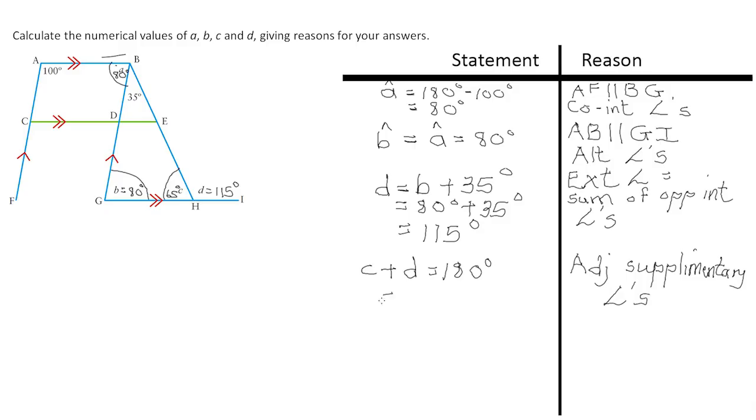Therefore, C is equal to 180 degrees minus D, which is 115 degrees, equals 65 degrees.